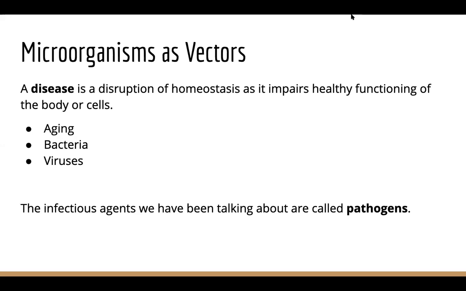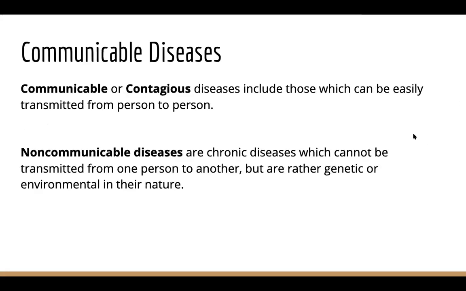And all of these infectious agents that we've been talking about are called pathogens. And you can break down pathogens or different diseases into communicable or contagious diseases and those which are non-communicable diseases.